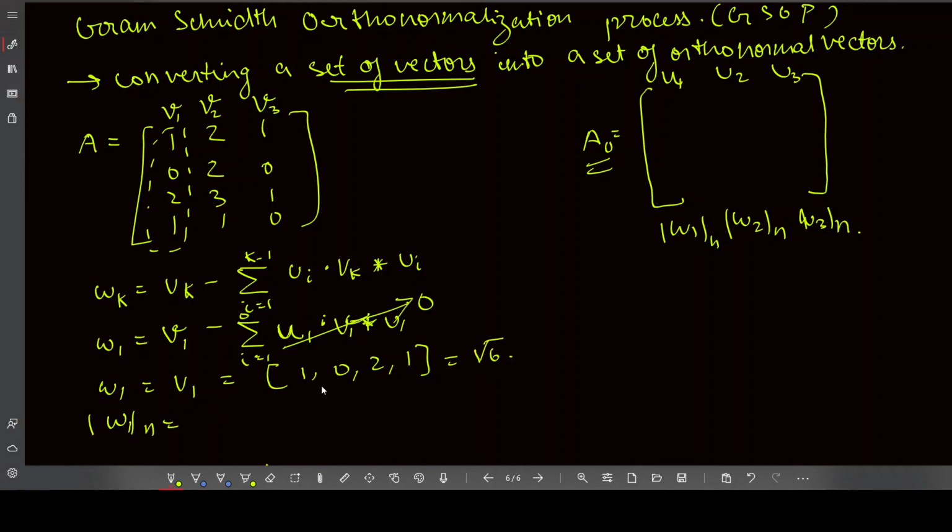And divide every value in this vector, every dimension, by root 6. So I get 1 by under root 6, 0, 2 by under root 6, and 1 by under root 6. Okay. So this is my first vector over here.